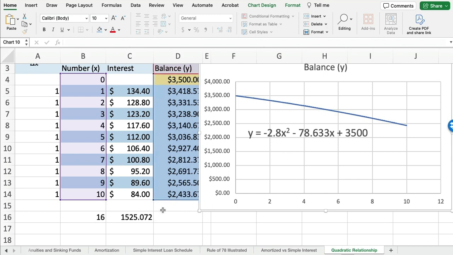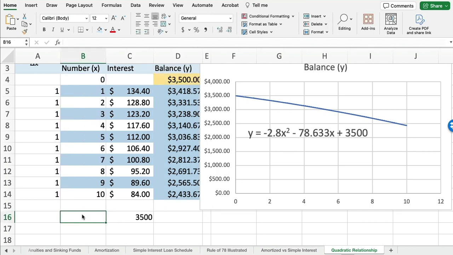So our payments continue to pay off our loan. We don't know right now how long it would take to pay off the loan. We could do a fill down over here. Basically, I could just highlight this whole series of numbers.